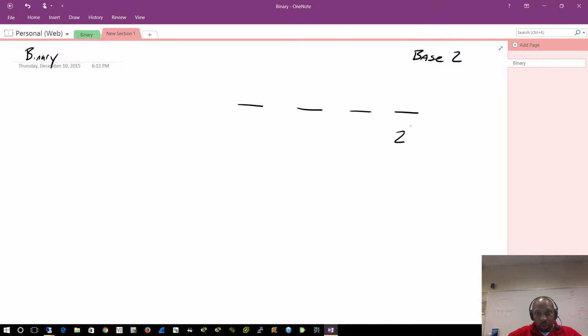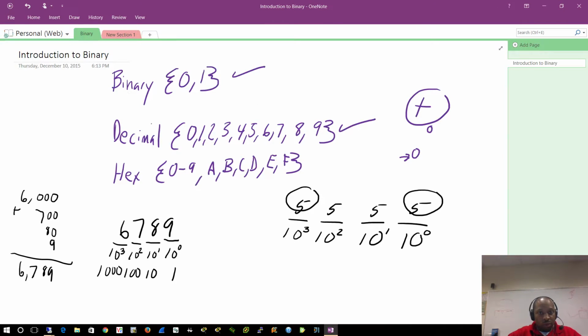So it's going to be 2 to the 0 power, 2 to the first power, 2 squared, 2 cubed, and you can go on and on. 2 to the 4th, 2 to the 5th. We'll stop there. Remember, that's very similar to what we did for decimal, and I didn't say this explicitly, so I'll say it now. Decimal is base, what? You got it, 10.